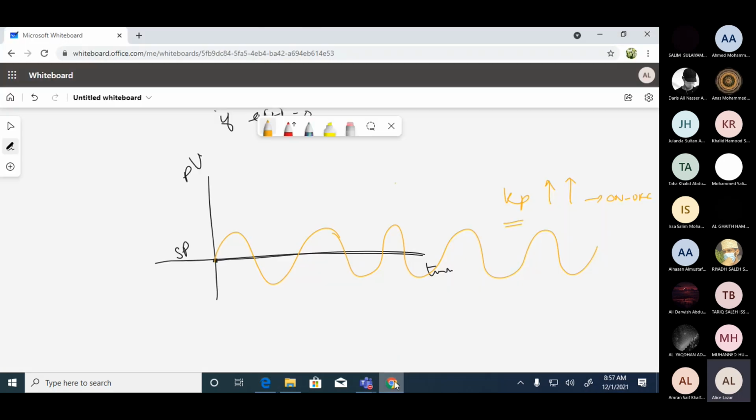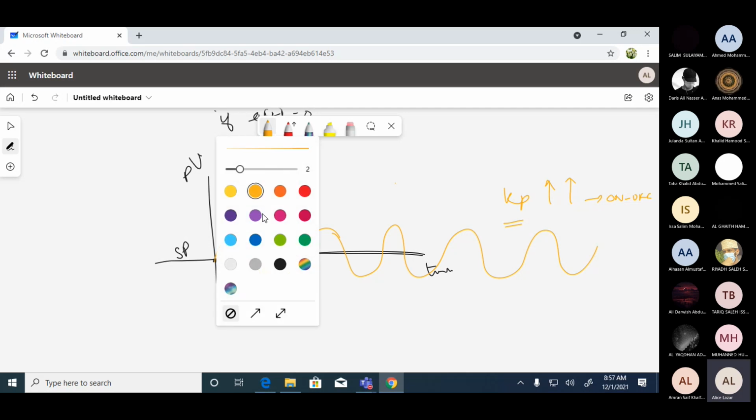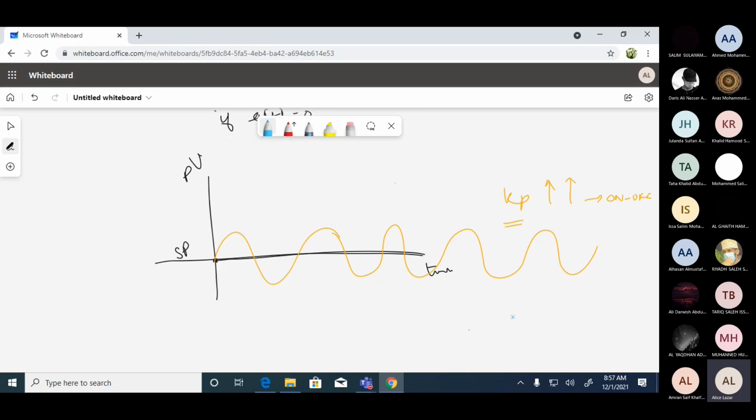Okay. At the same time, if I keep the value of Kp very low, then what will happen? When you look at this equation, the proportional controller's output is Kp multiplied by the error. So for a large error also, the proportional output is going to be slow. So whenever there is a disturbance, it is going to take a long time for the value to come back to the set point.